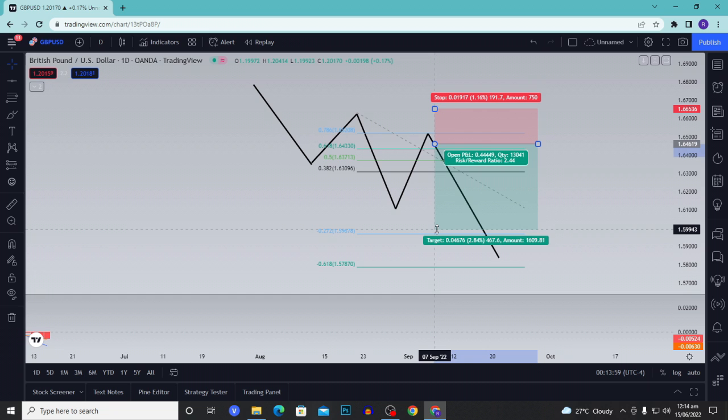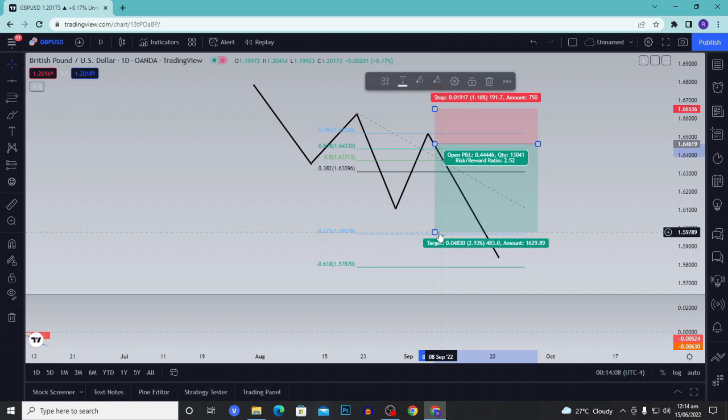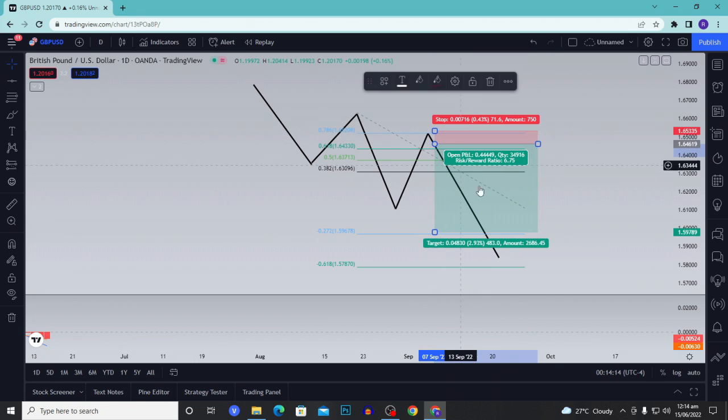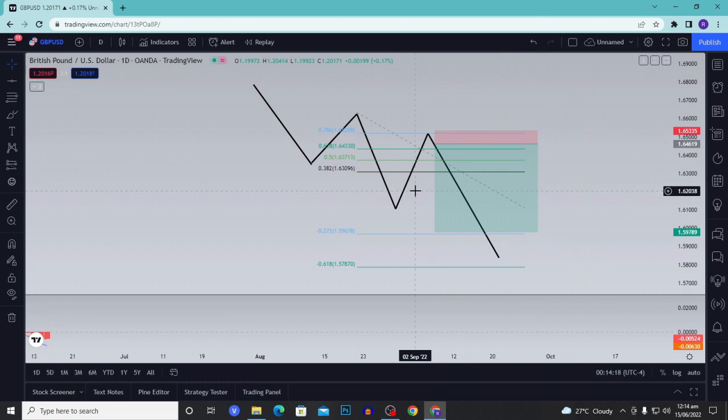In this case, the very first round number before it is the 80 round number, like this. So your take profit will be somewhere along here, in this case for a 1 to 6 risk to reward ratio.